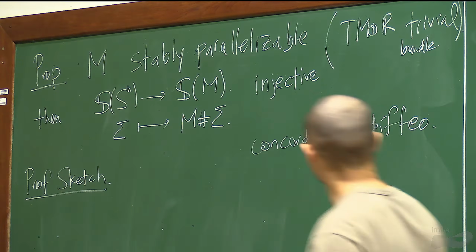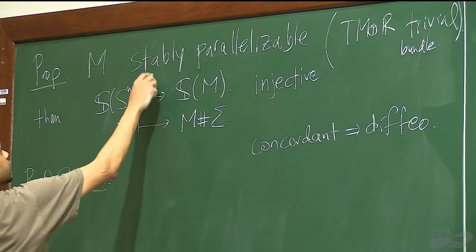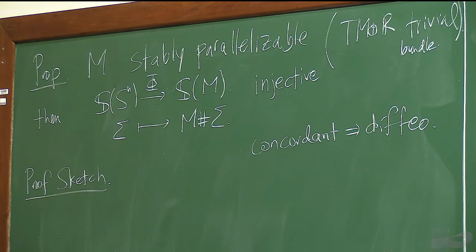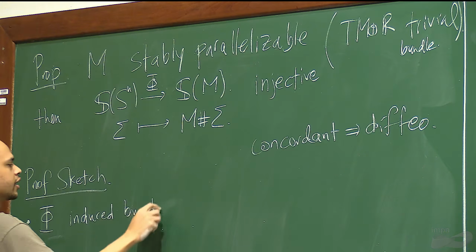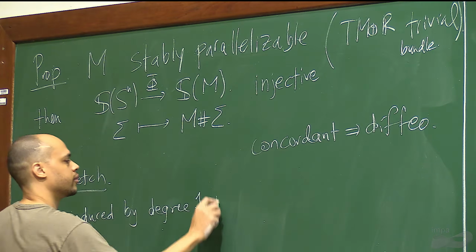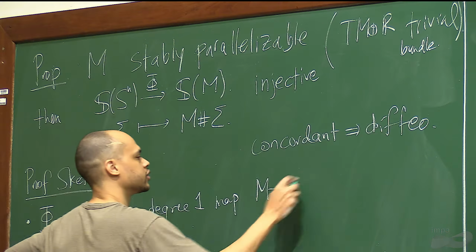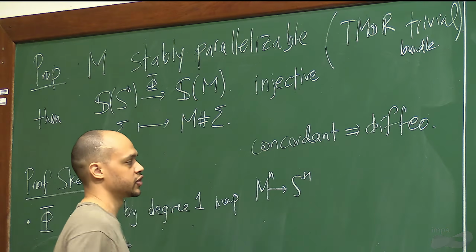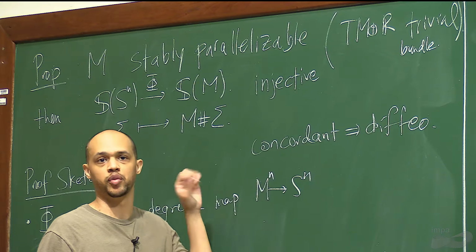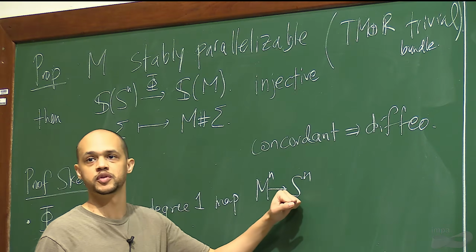Okay, so let's call this map phi. The first observation, I'm just giving you a sketch. The first fact is that phi is induced by a degree 1 map from M to the sphere. You collapse the complement of a ball to a point. That gives you a map to the sphere.